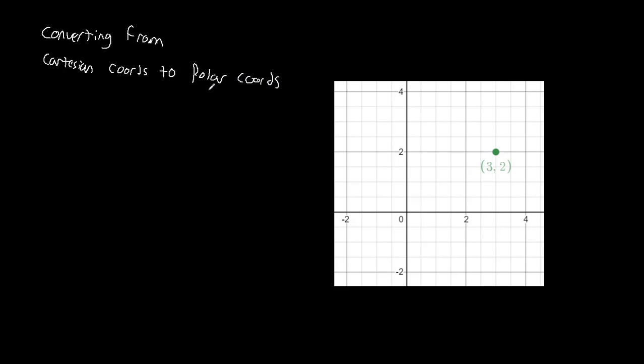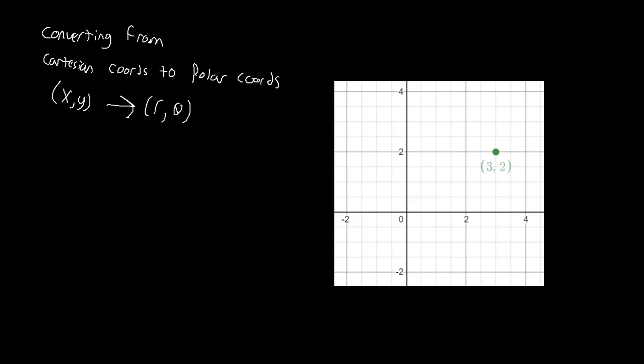Right, from Cartesian to polar. Okay, so basically, to reiterate what I'm getting at here, is to go from x, y to r, theta. Okay, how do we go about doing that? And I think it's going to be easiest to do that through an example.